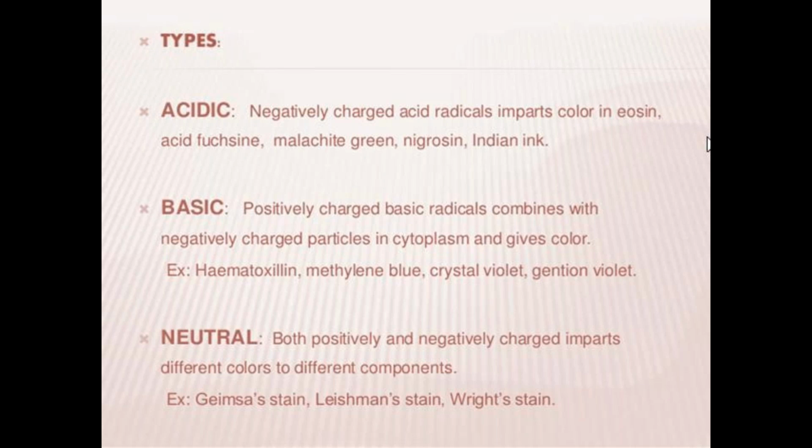The main examples are Giemsa stains, Leishman stains, and Wright stains. These are different types of stains for the visualization of different pathogenic microorganisms, and these are the different types of dyes.